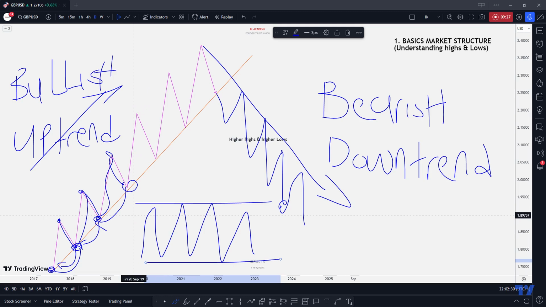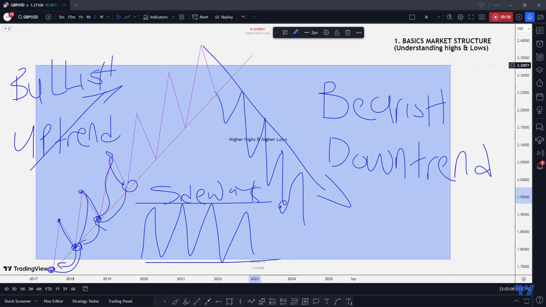And the consolidation or sideways trend is when price is ranging between a range of price from one price to another, not creating higher highs and not creating lower lows, just going from one price to another without creating higher highs and higher lows. So that's what we call the sideways or consolidation trend. It's very simple, very easy to understand.